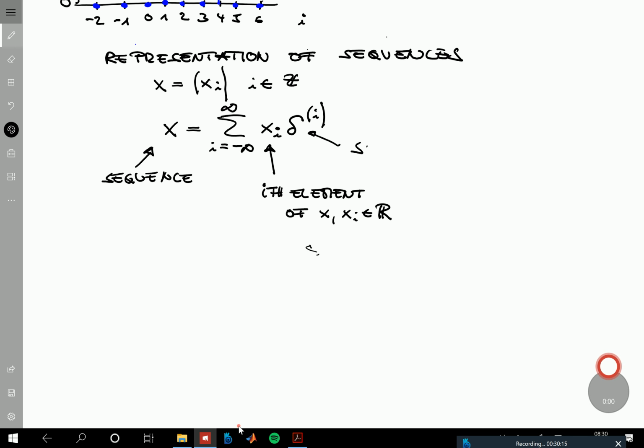This is a sequence of all zeros except at delta i, where it's 1.